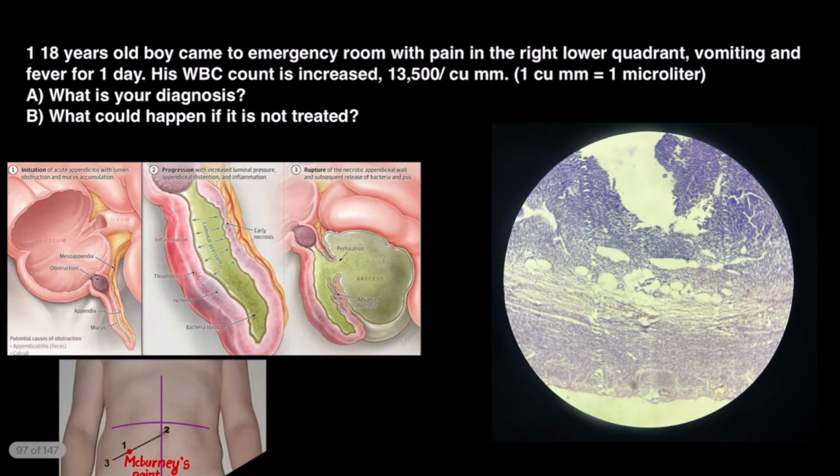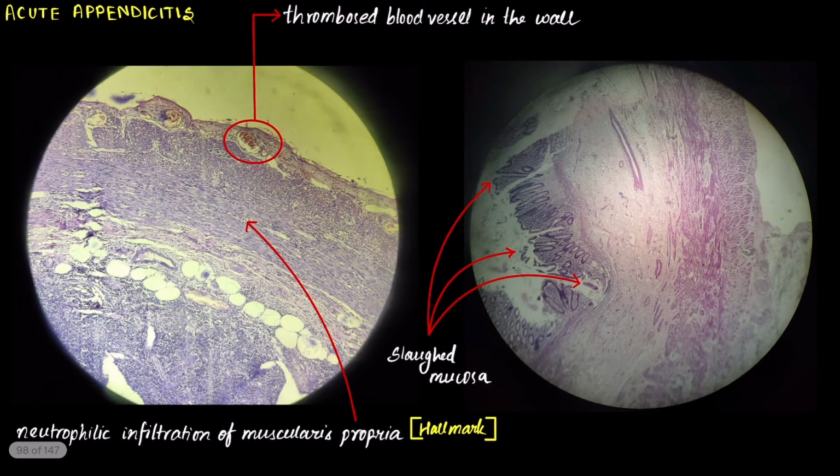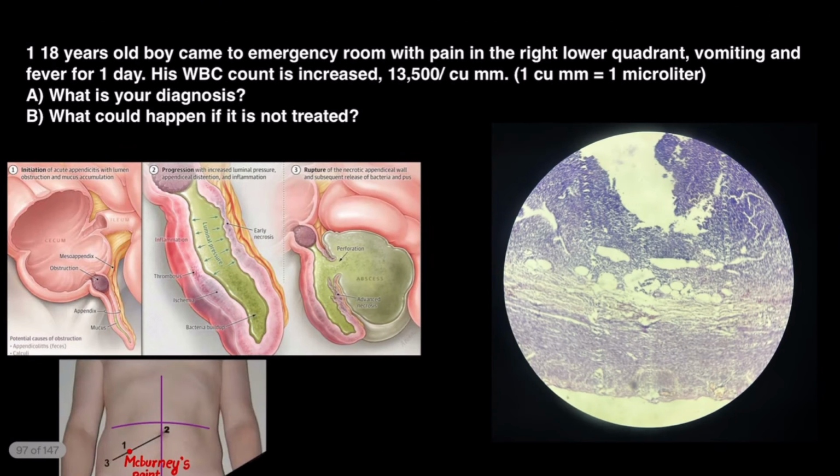Second, since continuous trauma is being exerted on the inner wall of the appendix or on the mucosal layer, there are parts of mucosa that are ripped off from its origin. So you can find sloughed mucosa. And the most important feature, or the hallmark feature, is that during inflammation, to take care of the bacteria, neutrophils are sent, right?